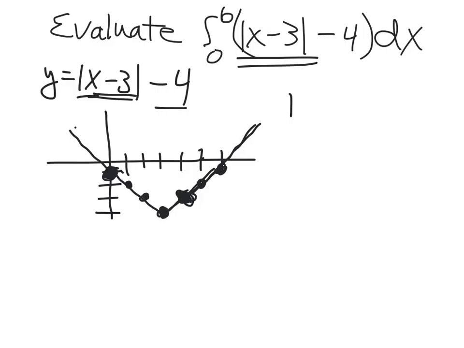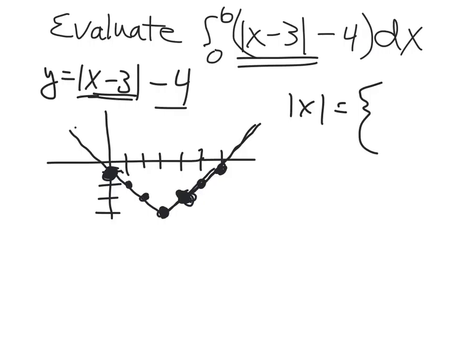Now, by definition, let's just look at the absolute value of x. We have to define this as a piecewise defined function because we get two different results in terms of x depending on what the x value is.